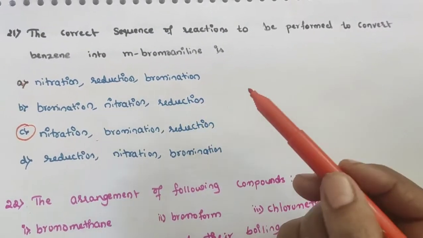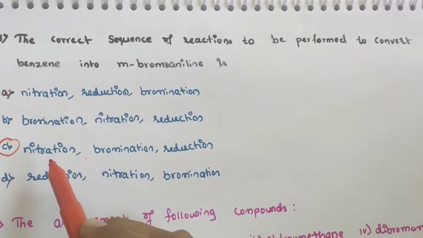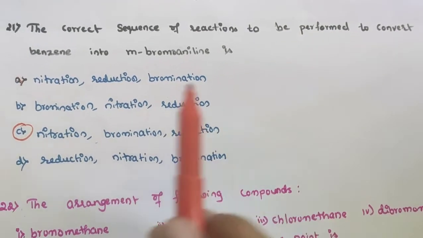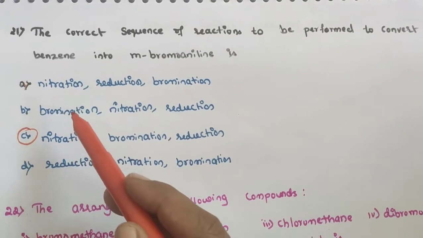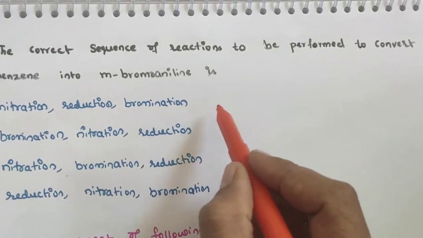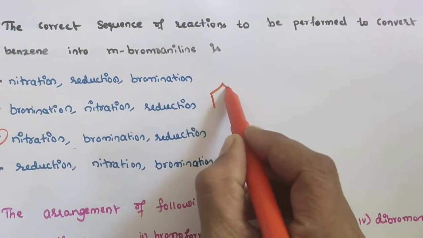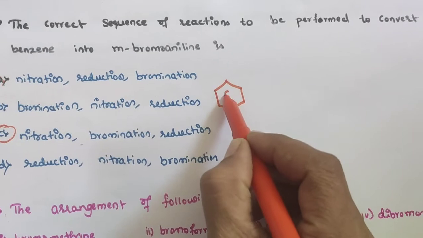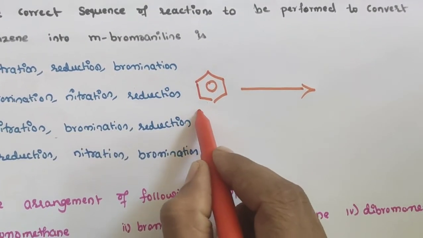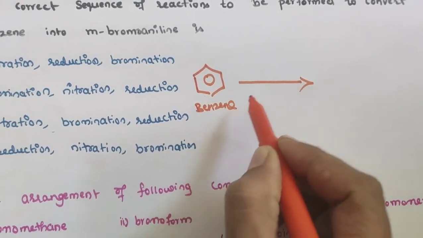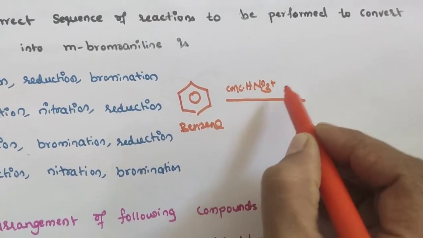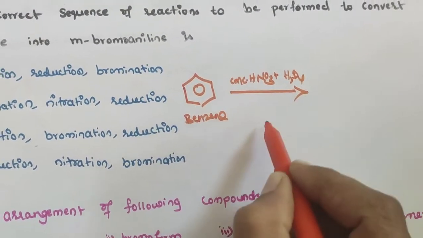Now let us know how the answer is C: nitration, bromination, then reduction. When compared to the remaining options, this is the correct answer. Let us check whether this reaction sequence is correct. Here we take benzene treated with concentrated HNO3 plus H2SO4.